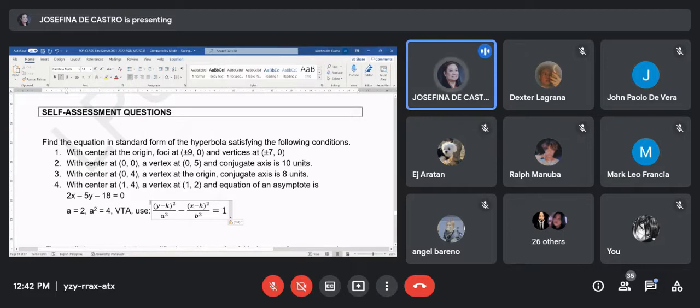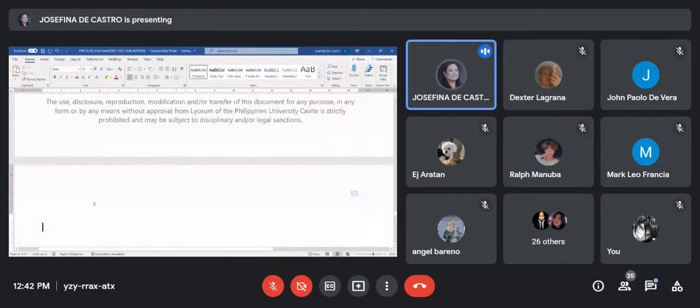Okay, may HK na ako. Ang center ko ay 1, 4. May HK na ako. Ang kulang ko pa ay wala akong B squared. So, saan ko siya kukuhanin? Dito ko siya kukuhanin, sa equation of the asymptotes. Diyan ko siya kukuhanin.